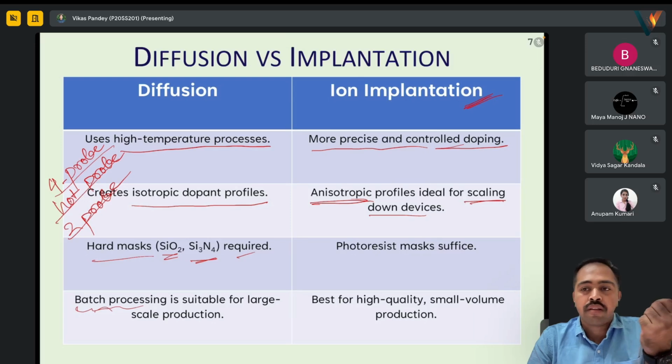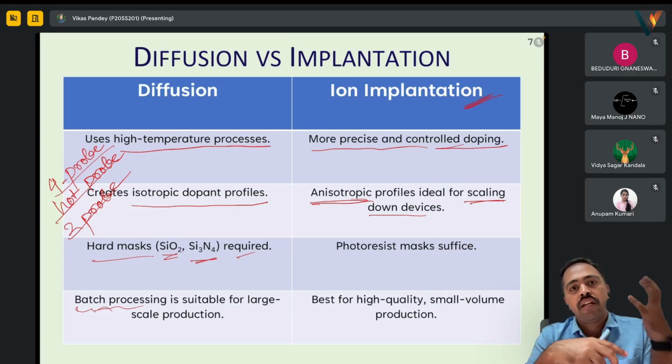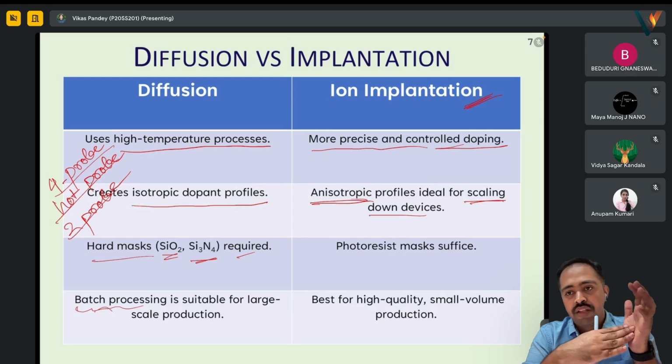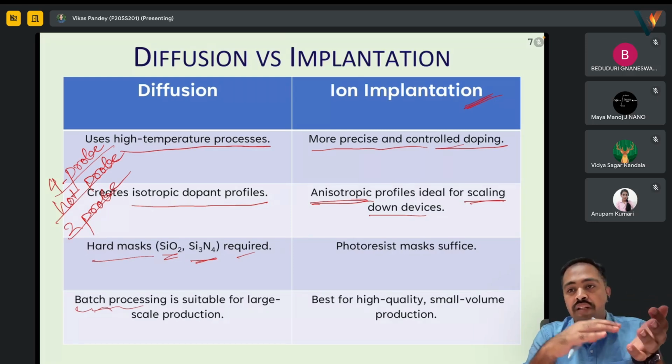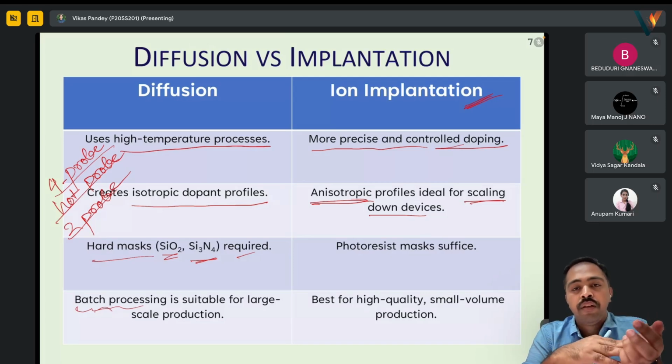You are putting probes, and the intrinsic silicon that you bought will have some resistivity, and when you check the resistivity after doping, there will be a change. Based on this we understand the doping. Visually, in case of diffusion, there is no change. It will look exactly the same. Okay, sir. Thank you.